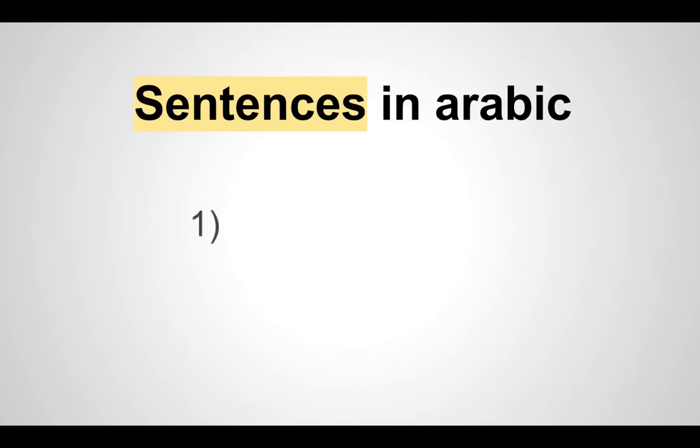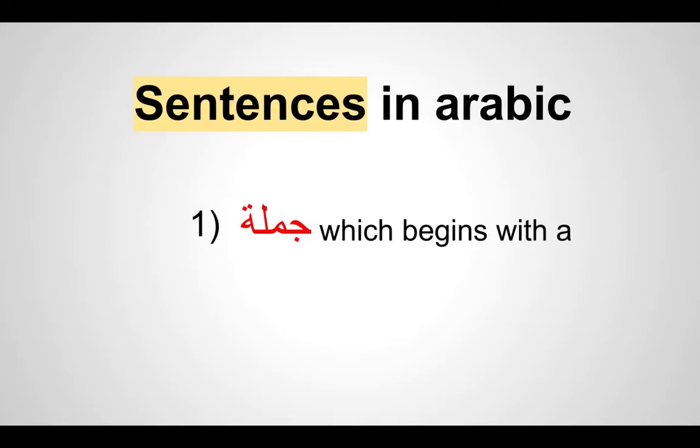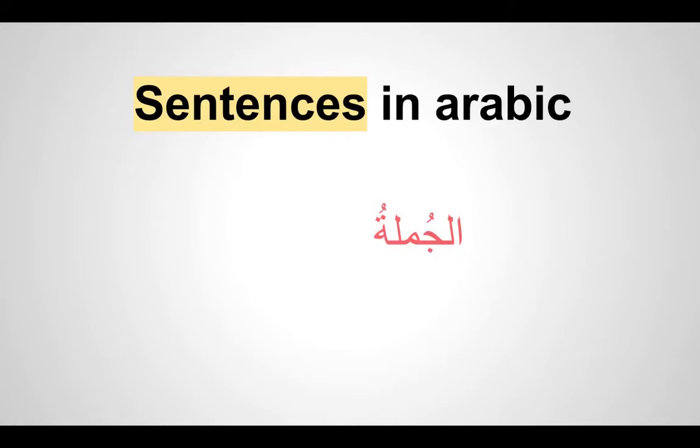We'll use as many Arabic words as possible so that we get used to them. The first is a jumla which begins with an ism. Ism is a noun, so it is called al-jumlatul ismiyatu.